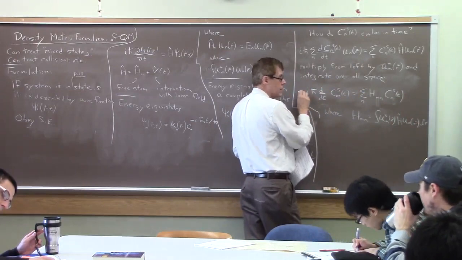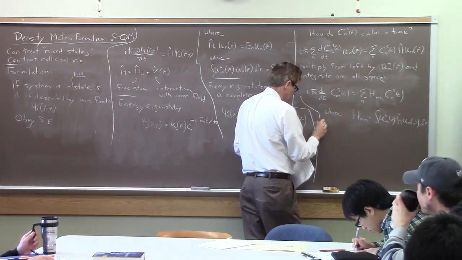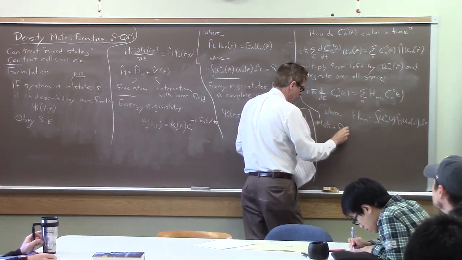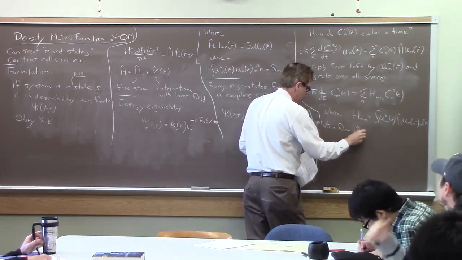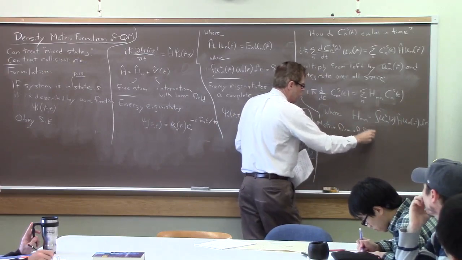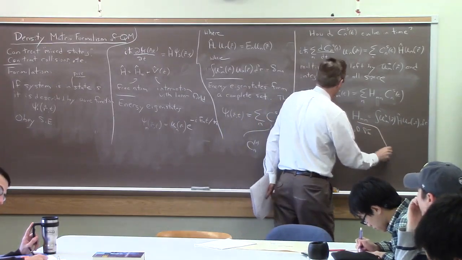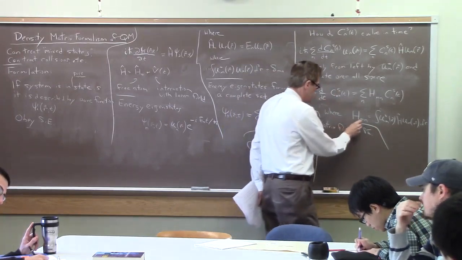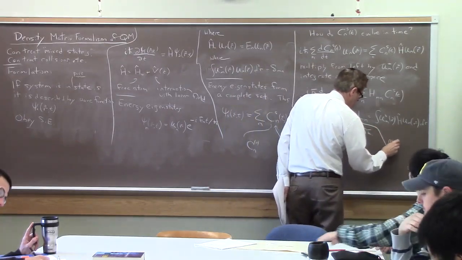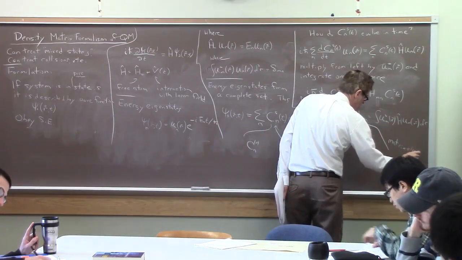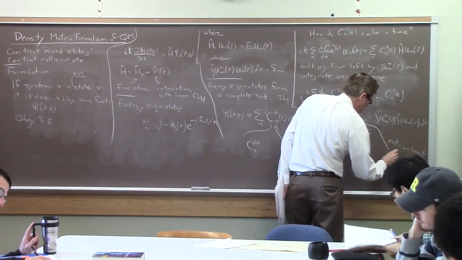So this equation here we can consider to be the matrix form of the Schrodinger equation, and H_mn are the matrix elements of the Hamiltonian.